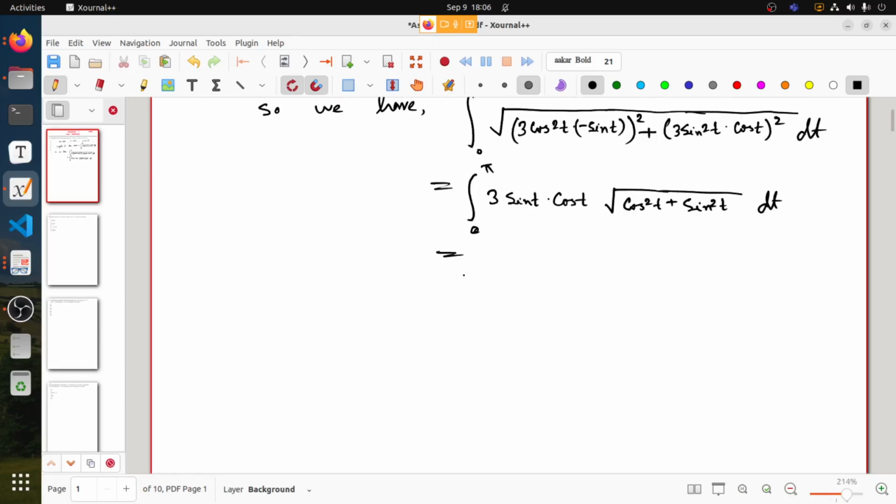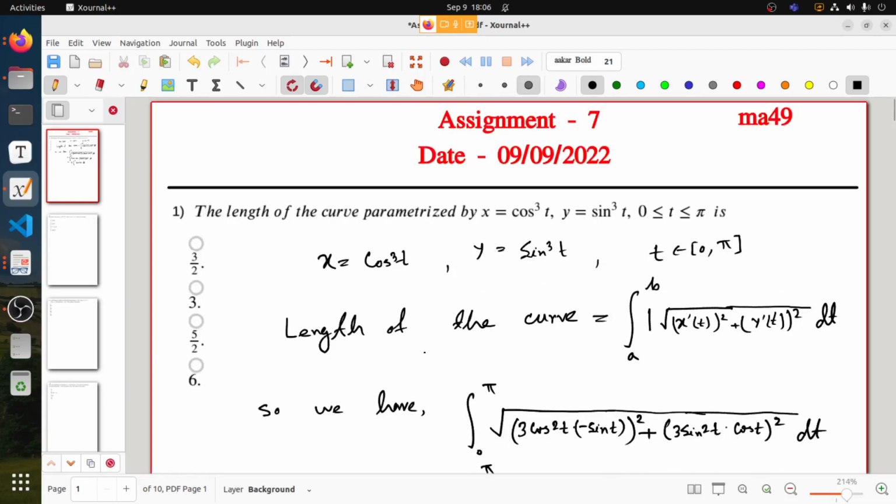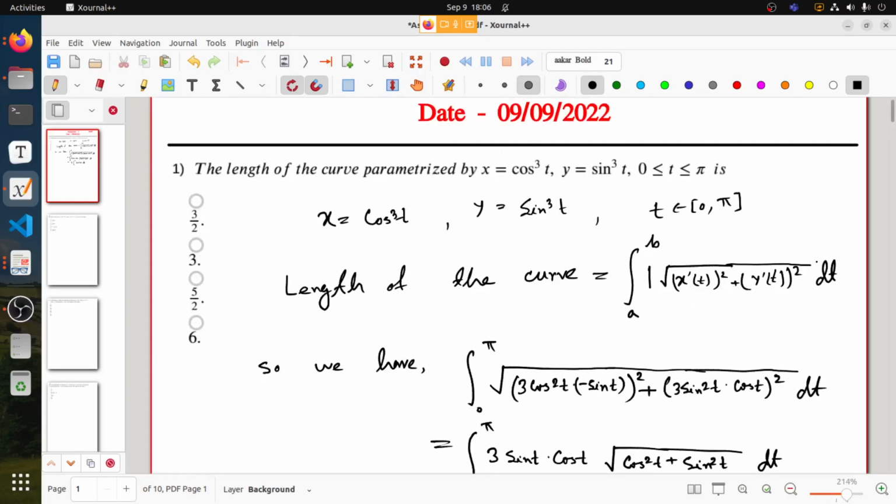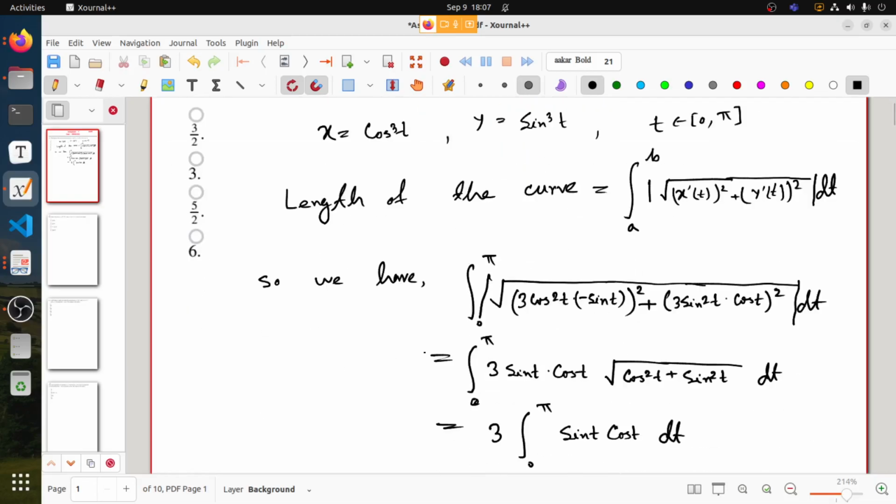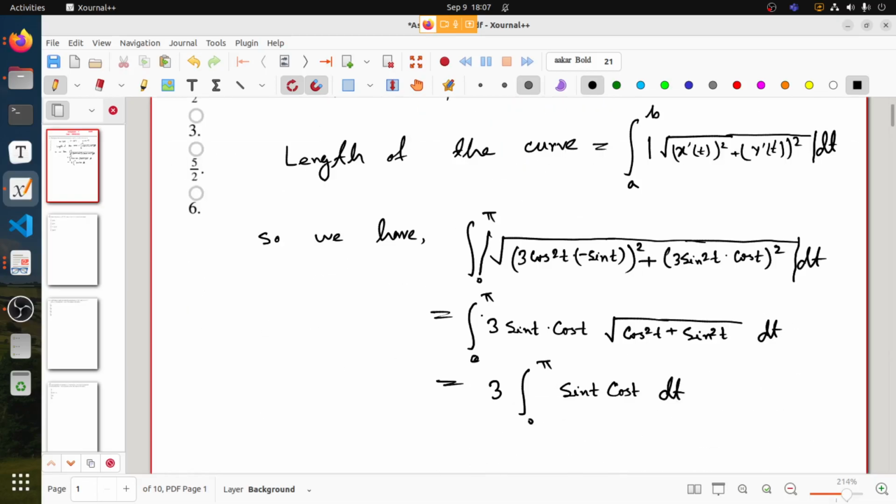Sin square plus cos square is 1, so you get the integral from 0 to pi of sin t cos t dt. The modulus is there because it may be negative, and length cannot be negative, so we have to take the modulus.